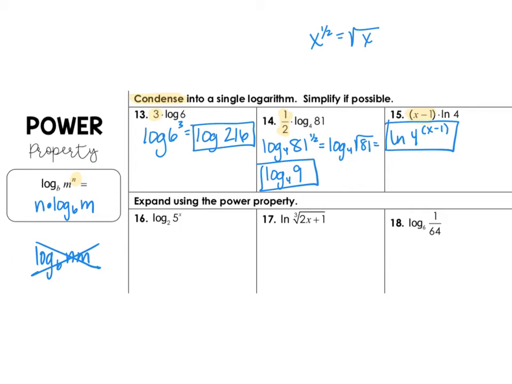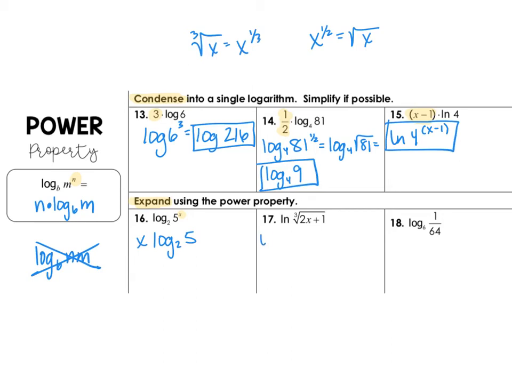So for 16 through 18, we're working the other way, and we're going to expand. So we're going to take the exponent and move it out front. So this is going to become x log base 2 of 5. Number 17, we have to realize that anything that has a cube root can also be written to the 1/3.